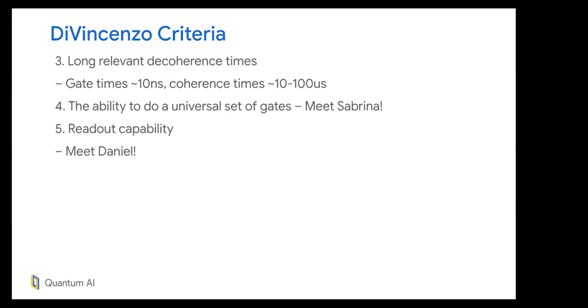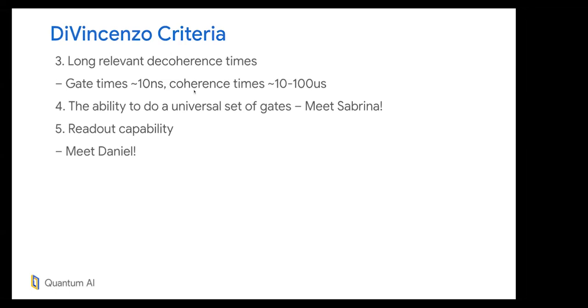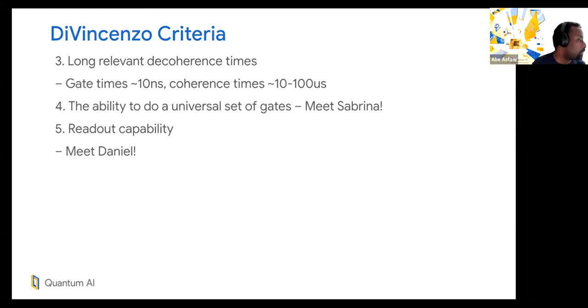What we really care about is the relevant decoherence time, and that means your coherence times relative to your gate times, how quickly you can apply operations to your quantum computers. And so in our systems, we're dealing with gate times of order 10 nanoseconds and coherence times of order 10 to 100 microseconds. So about 1,000 times larger than the gate times. And so that gives you an idea of the kind of physical system and the ability that it has.